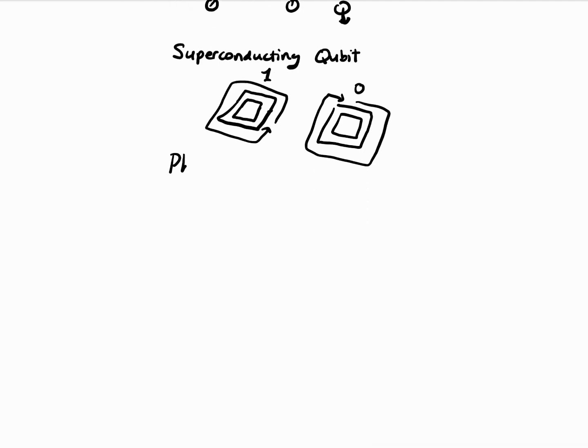Another example is used in photonics. So in photonic quantum computing, you can use something like the polarization of a photon to encode your data.